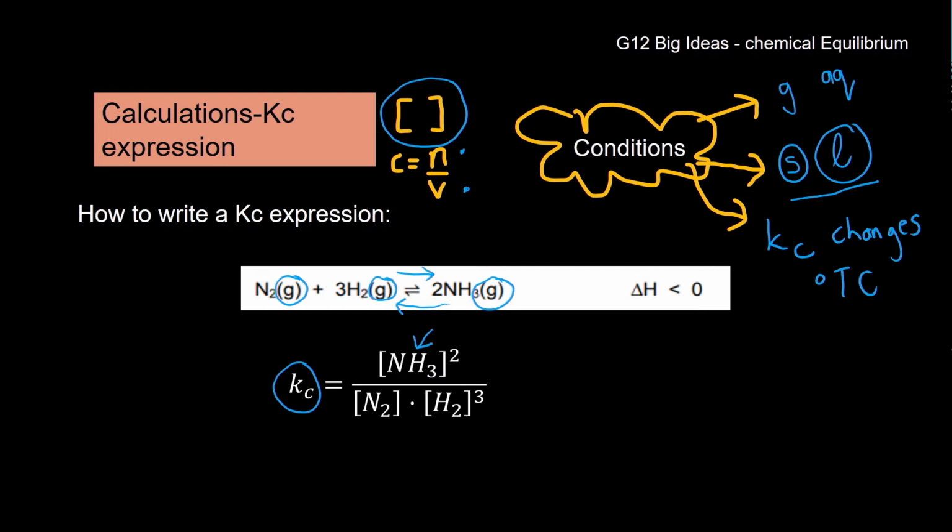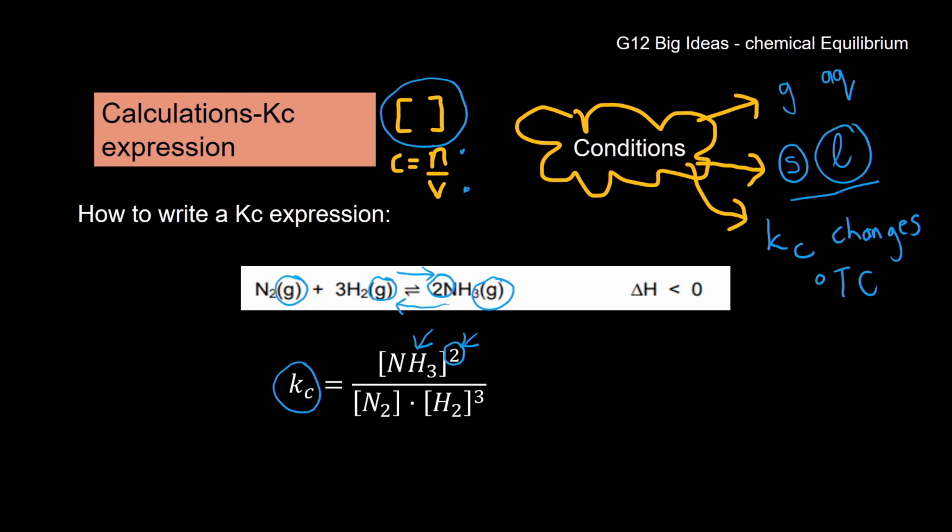Now you will see there is an exponent 2 over there, and that correlates with the coefficient of the ammonia gas. So before we can write the Kc, this reaction has to be balanced so that we can maintain the conservation of atoms. It's a balanced reaction equation, and the 2, that is the coefficient of ammonia, is then placed as an exponent. So we square the concentration of ammonia gas.